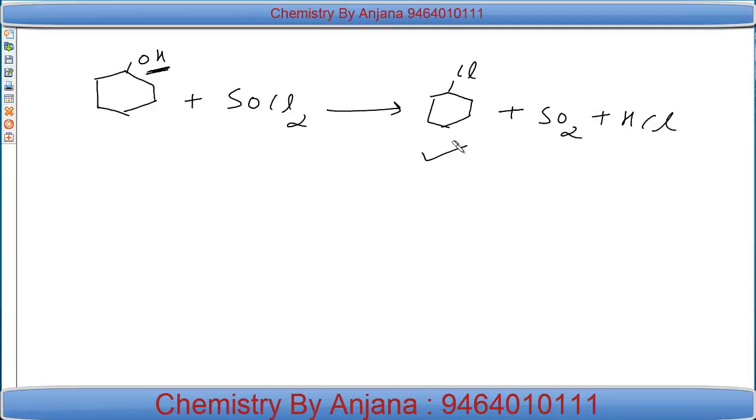So the main product will be this, and this is called simple nucleophilic substitution reaction. If I'm asked what happens when these two react, I need to refer to the very first method of the preparation of alkyl halide, and here I am with the product.